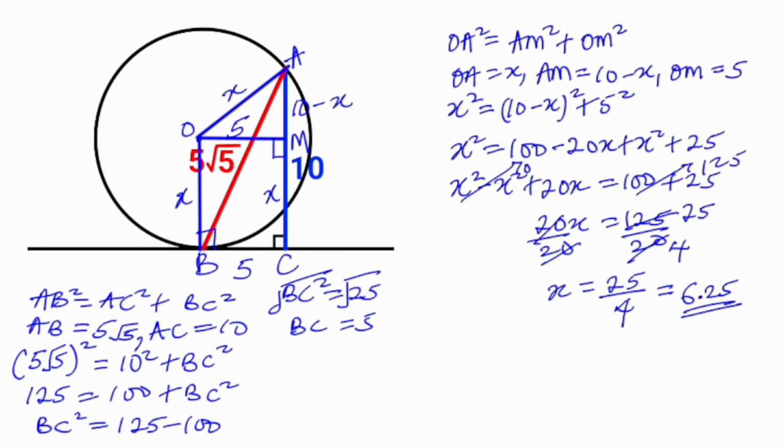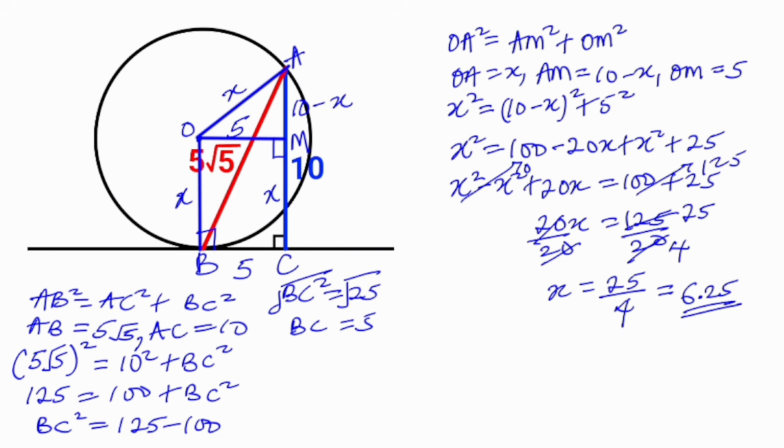Because opposite sides of a rectangle are always equal, this told us two crucial things. First, the horizontal distance OM is equal to our newly found base of 5. And second, the lower vertical segment MC is equal to our unknown radius, which we called x. This allowed us to isolate the remaining top segment AM, and express its height as 10 minus x.